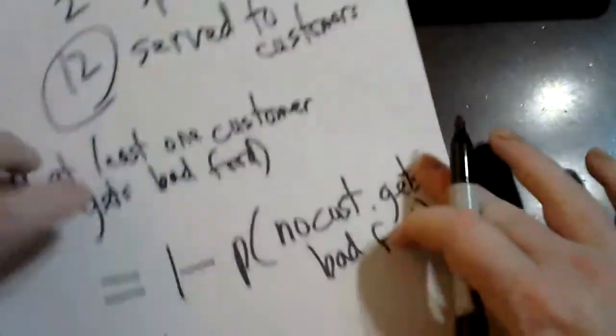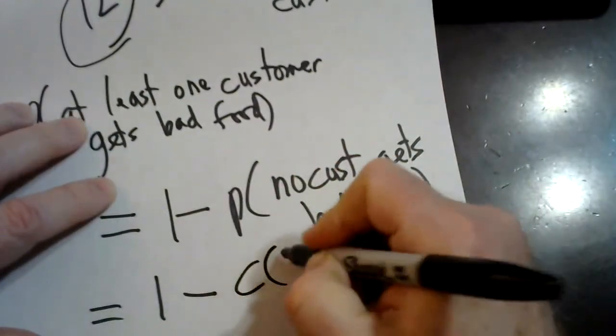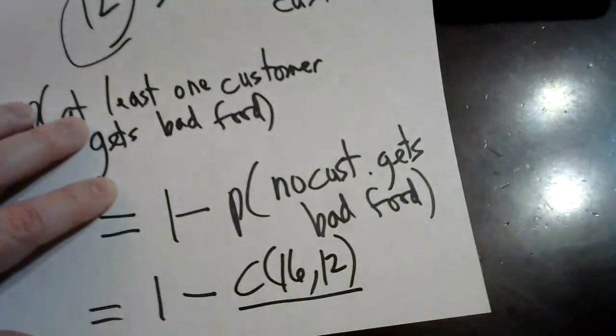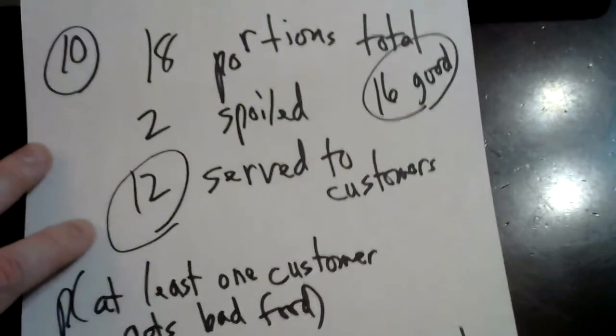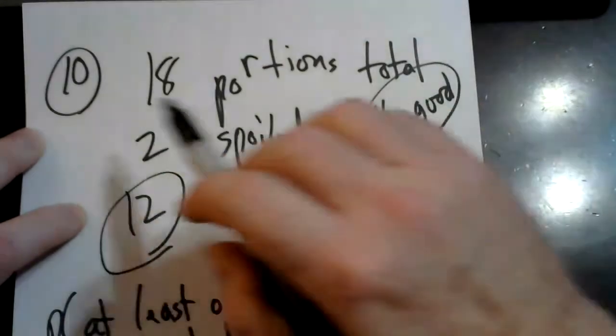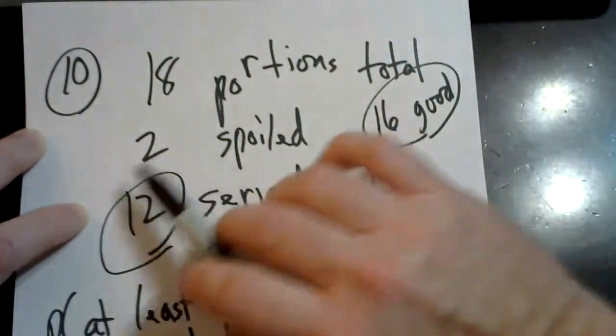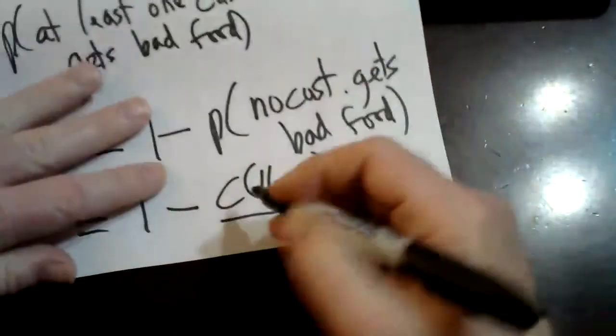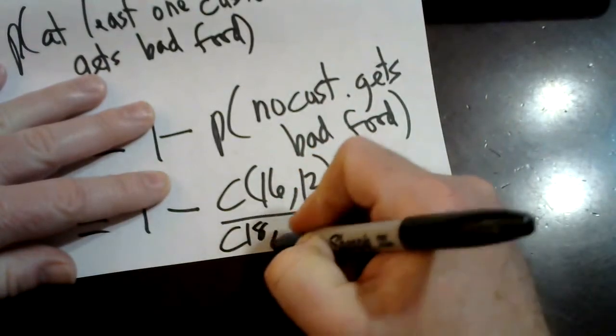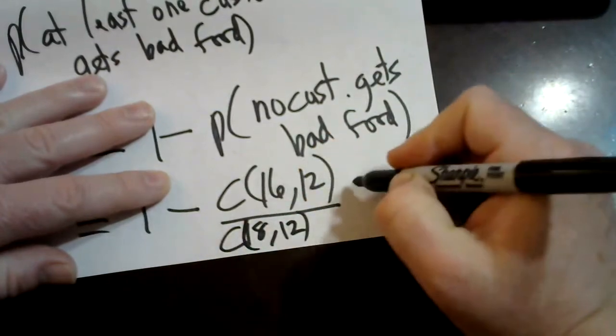So 16 choose 12 is the total number of ways for us to have chosen only good portions. But what is the size of the sample space in that case? Well, we have 18 total, and we serve 12. So it sounds like 18 choose 12 combinations is the total number of ways that we could have chosen the portions to serve to the customers.